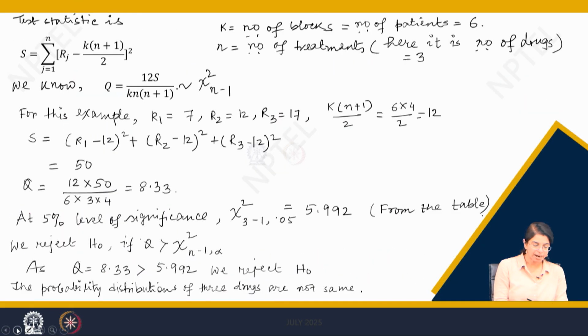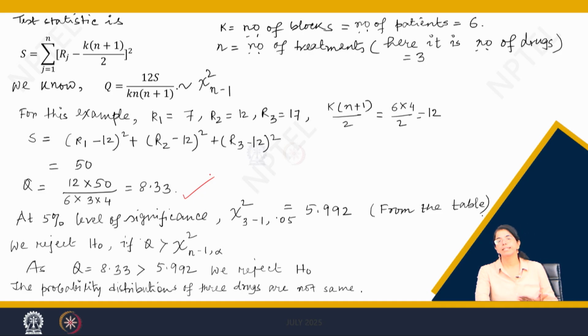Next we will find out the Friedman test. Clear? What is the test statistic? Summation Rj minus k into n plus 1 by 2. K is the number of blocks, n is the number of treatments, and you just figure out what is the value of Q, and we have seen that Q is 8.33, and already we have learned that Q follows a chi-square with n minus 1 degrees of freedom.